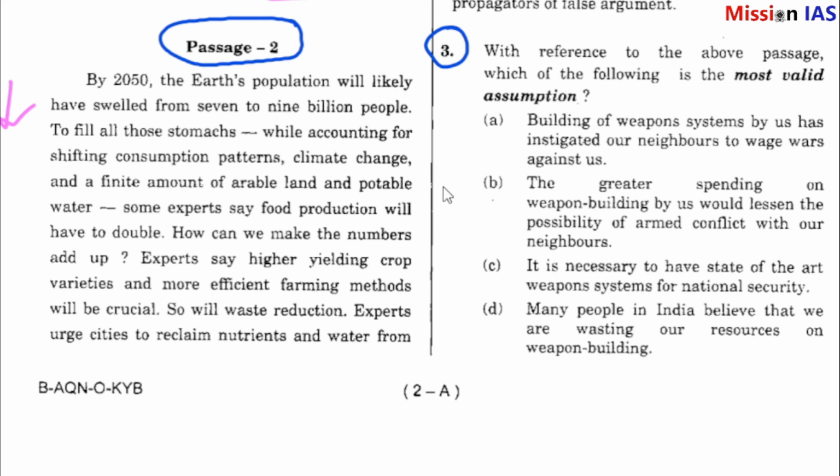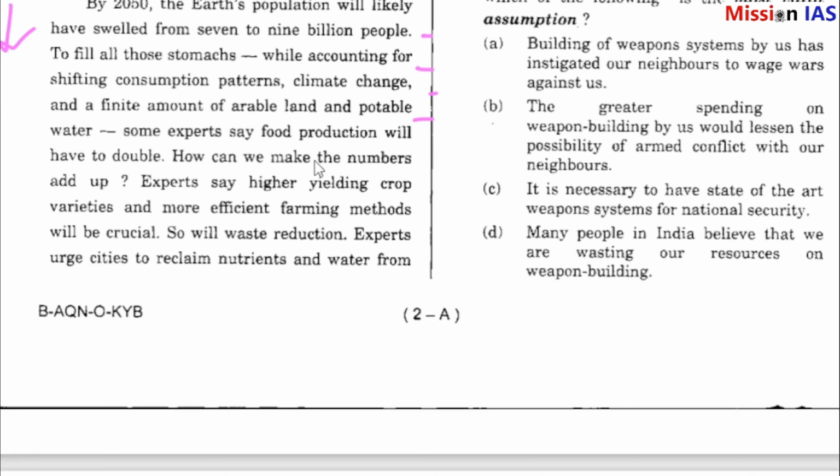By 2050, the earth's population will likely have swelled from 7 to 9 billion people. To fill all those stomachs, while accounting for shifting consumption patterns, climate change, and a finite amount of arable land and potable water, some experts say food production will have to double. How can we make the numbers add up?